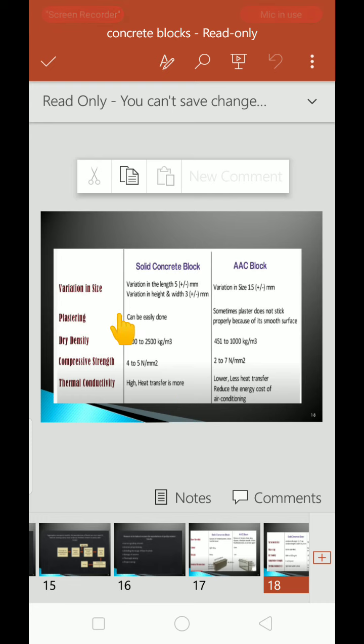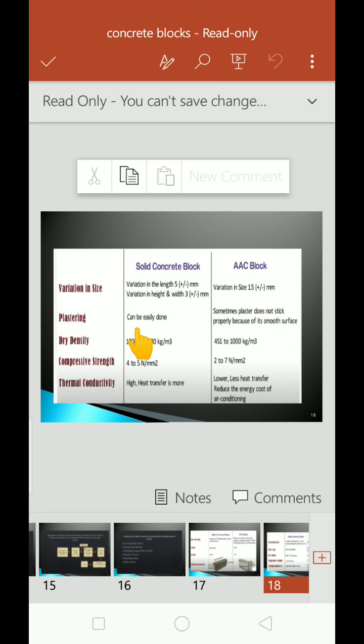They have given that if, while making the blocks, the length is less, that variation in length should be considered as plus or minus 5 mm. If it is plus or minus 5, it will be considered as not having any more effect on sizes. In the same way for this one it is 15 plus or minus.